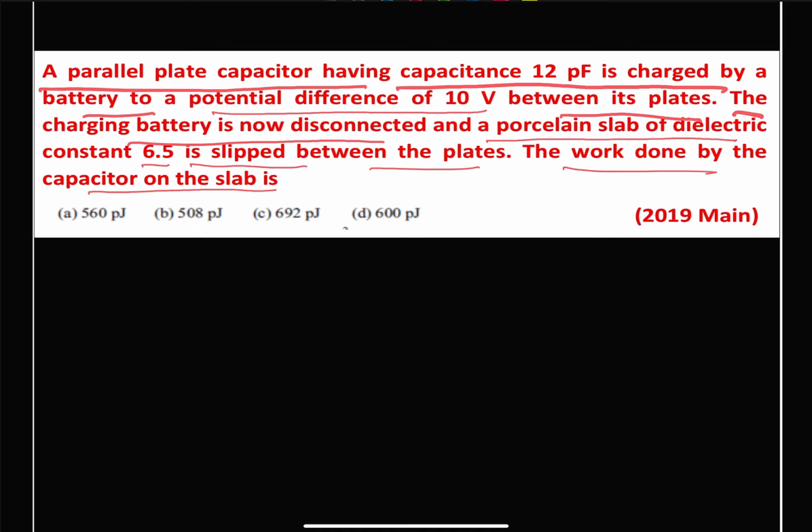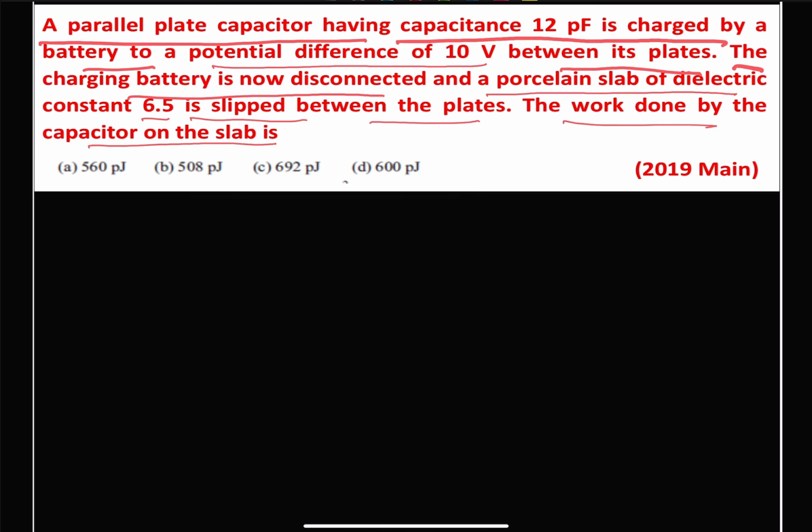And in this case, we are given that we have a parallel plate capacitor and its capacitance is, let us suppose, C1 is 12 picofarad and the potential difference, let us suppose, V1 is 10 volt and it is connected to a battery.